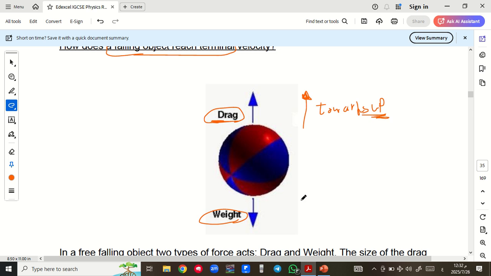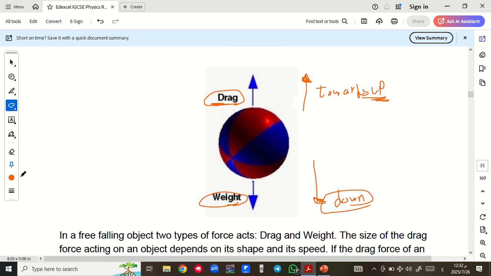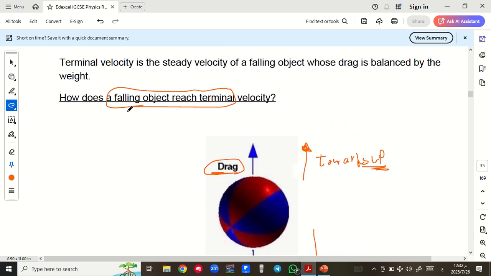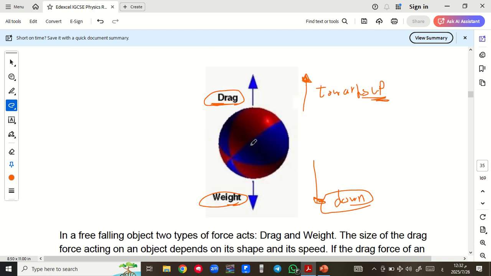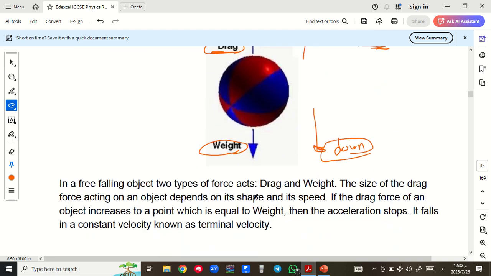The force acting downwards, we call it weight. So in free falling we have two forces: acting up called drag, acting down called weight.